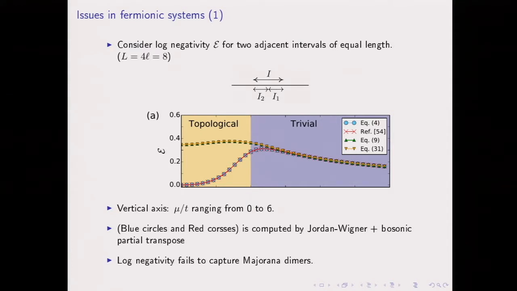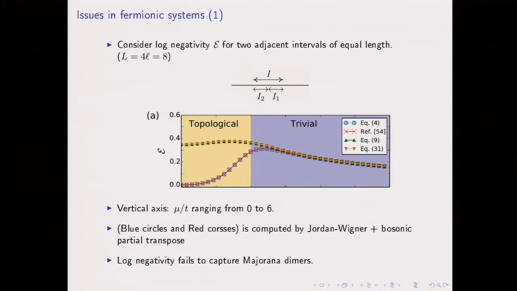One naive thing we could try is to take fermion systems and the fermion ground state, apply a Jordan-Wigner transformation, and embed our fermionic Hilbert space into bosonic Hilbert space. Since it now looks like a bosonic system, we can try out the partial transpose operation, which we just defined for generic bosonic systems, and see what happens.